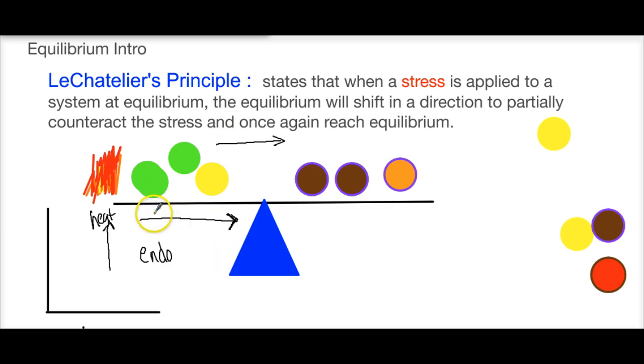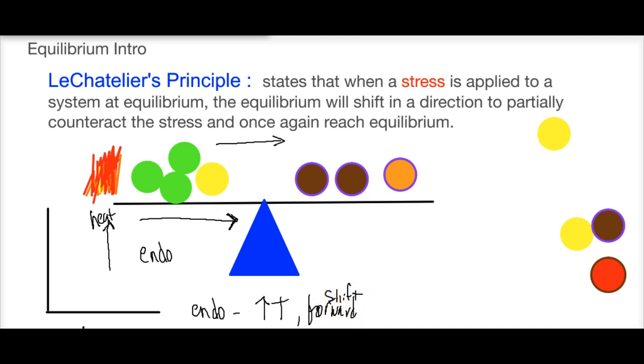It's trying to use up that extra heat energy to get back to its place of equilibrium. And so for an endothermic reaction, and this accounts for every endothermic reaction, when you increase the temperature on an endothermic reaction, you drive it forward. The drive is forward. You're going to shift forward.